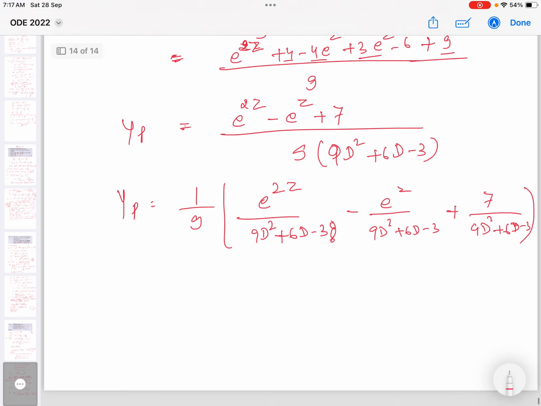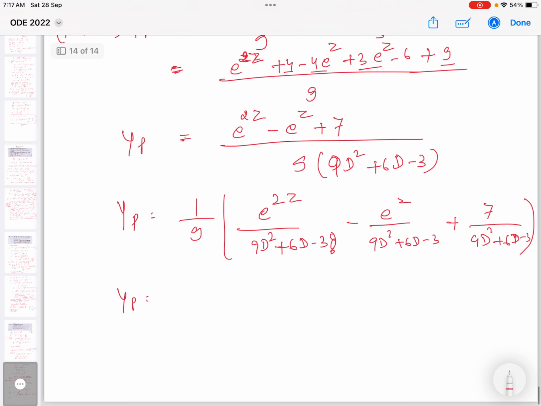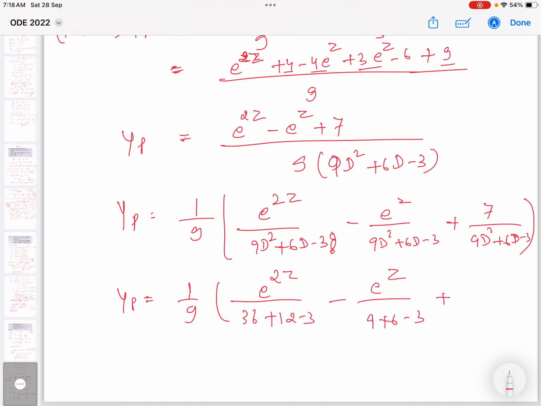plus 3. Yeah. So what we need to do is just plug in d for e to the 2z: 36 plus 12 minus 3, and for e^z: 9 plus 6 minus 3, and for the constant, 0, since it is nothing but e raised to the power 0z.